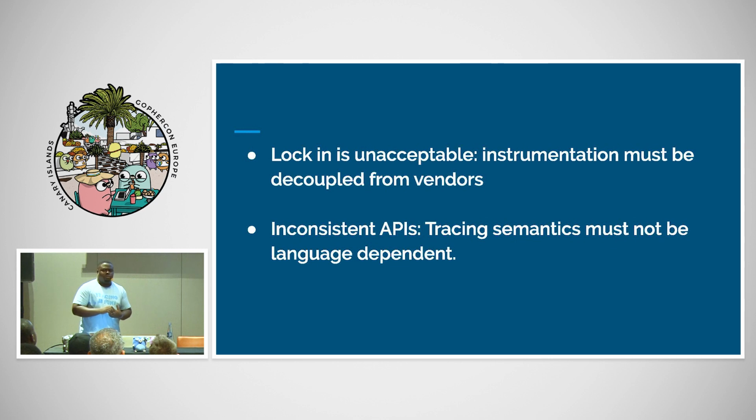APM service provider A has different semantics compared to APM provider B, who has different semantics. A good example would be AWS X-Ray.